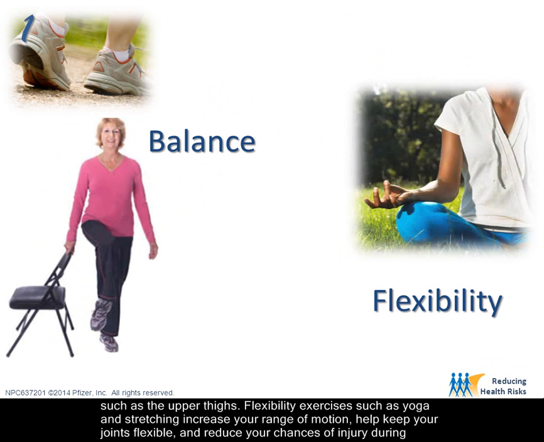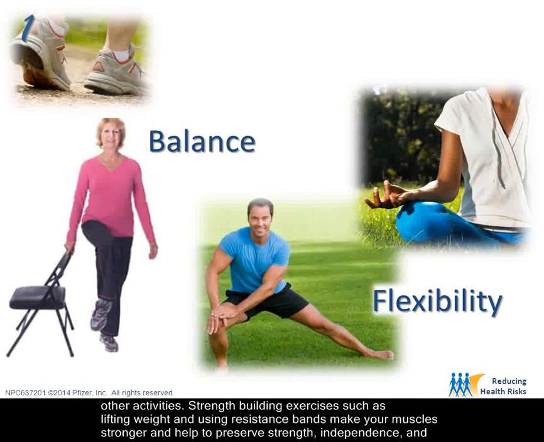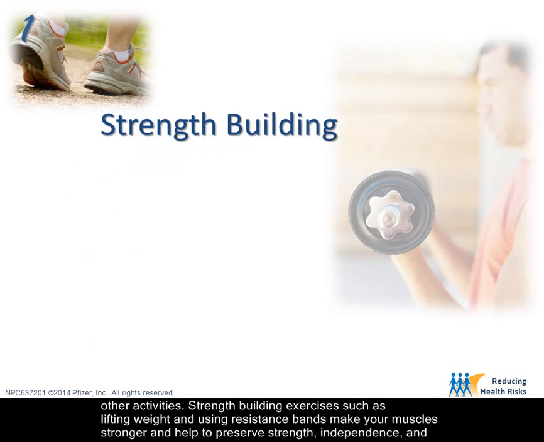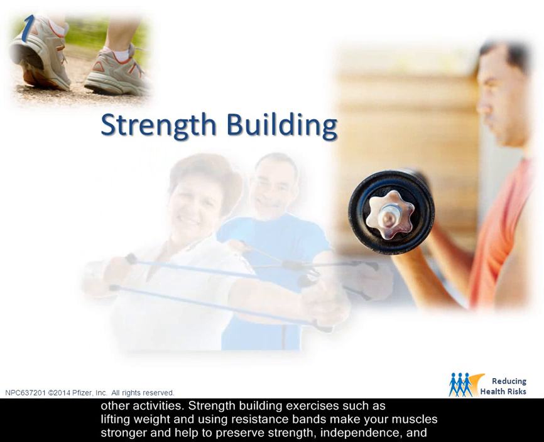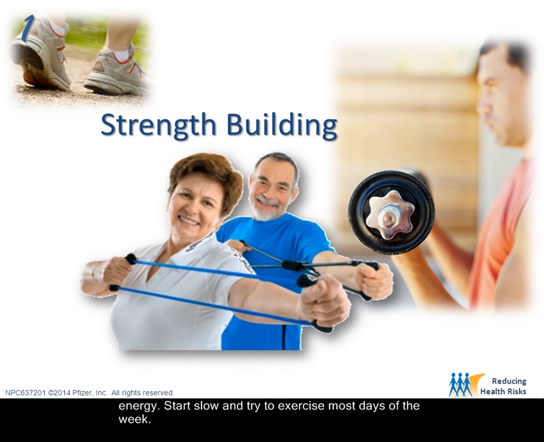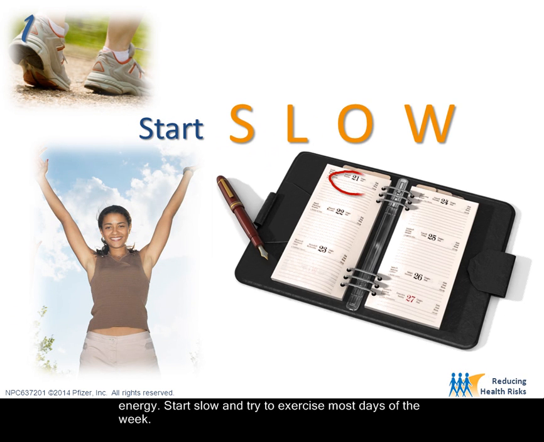Flexibility exercises, such as yoga and stretching, increase your range of motion, help keep your joints flexible, and reduce your chances of injury during other activities. Strength-building exercises, such as lifting weight and using resistance bands, make your muscles stronger and help to preserve strength, independence, and energy. Start slow and try to exercise most days of the week.